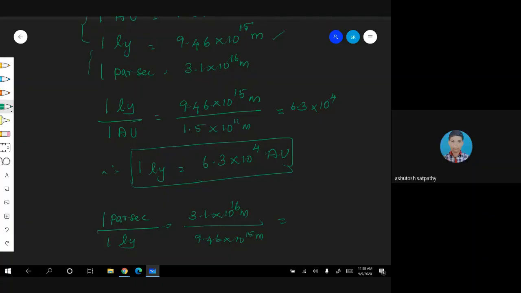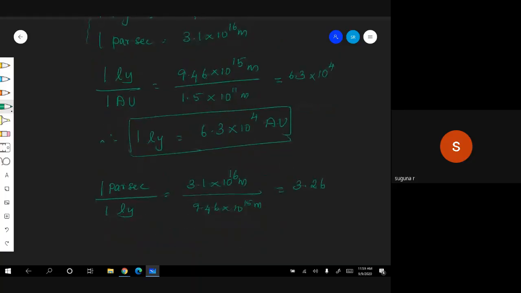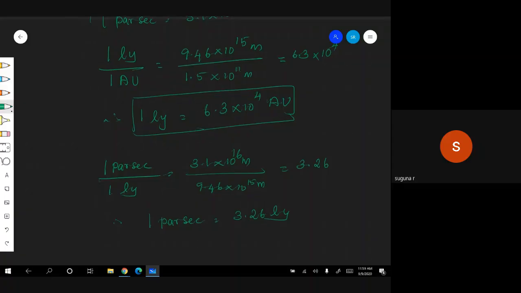The value is 3.26. Therefore, you are getting the relation between parsec and light year: 1 parsec is equal to 3.26 light year. Is it clear?